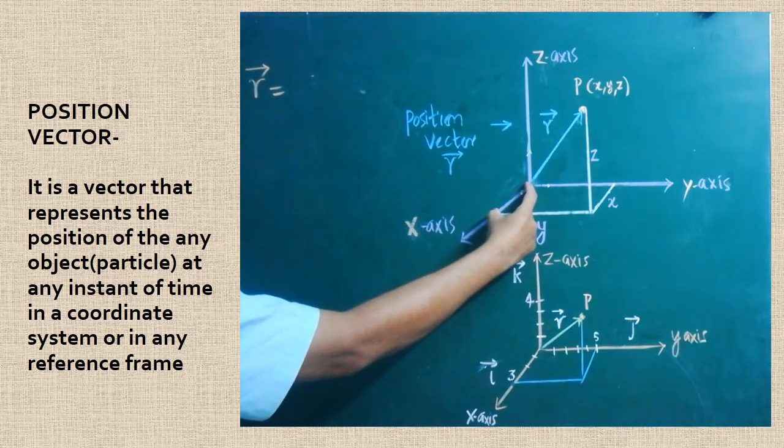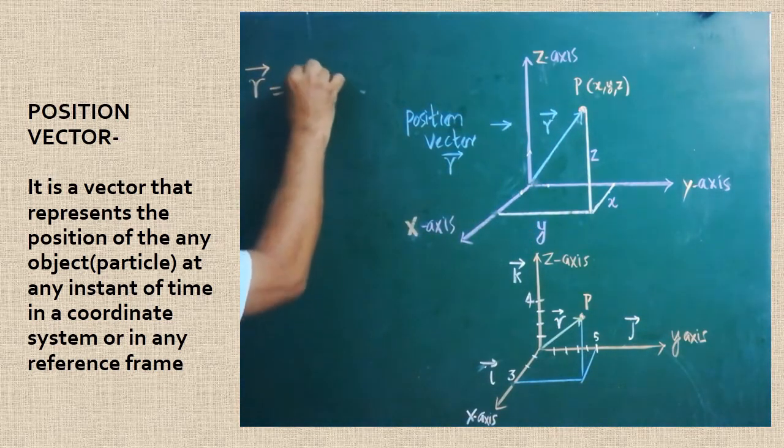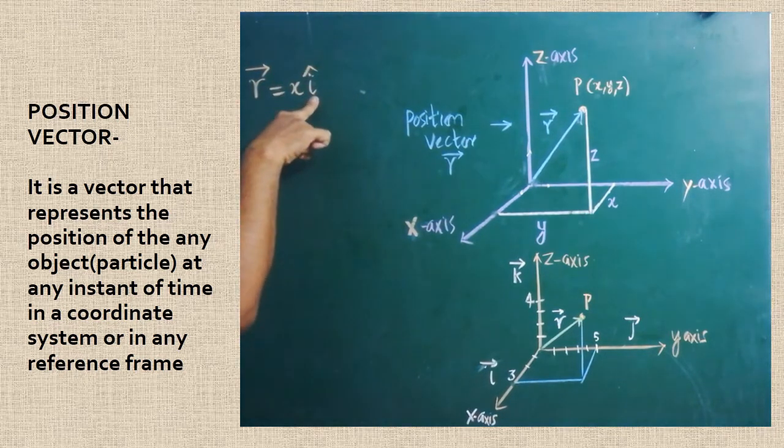Are you clear? X number of units are there for the point P. Therefore, we can write it as x i cap. Here i cap is nothing but the orthogonal unit vector for x-axis. This one shows the direction in x-axis.